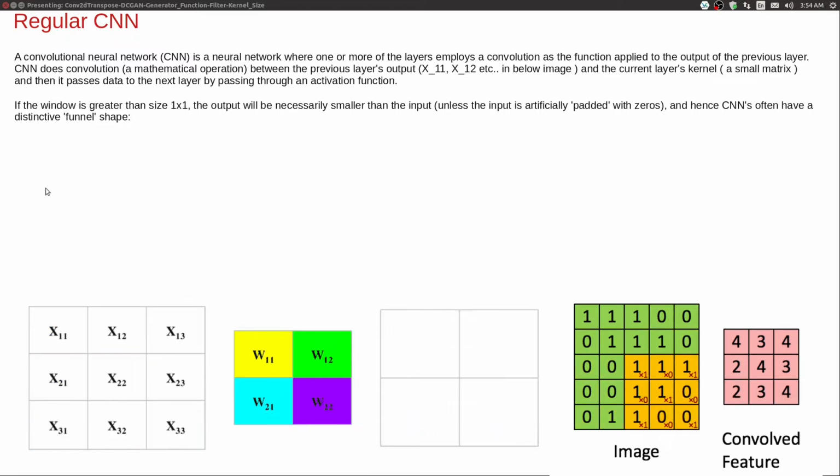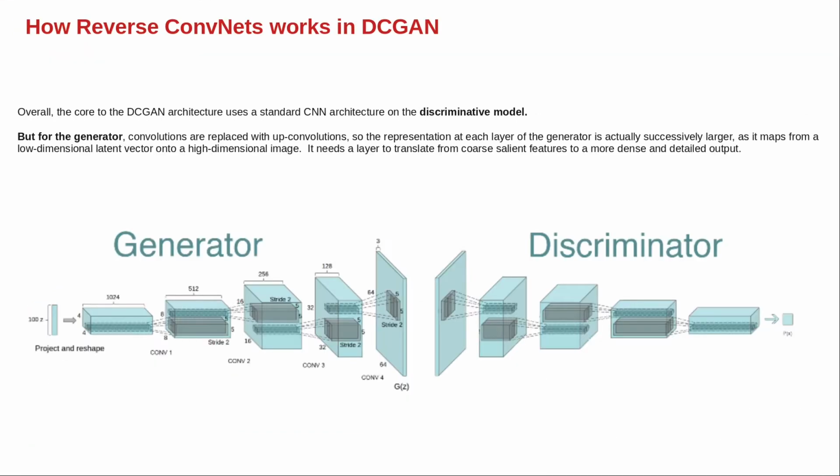So that was a regular CNN, but in DCGAN I have to understand something called transposed convolution, which is something like the opposite of this regular convolution. So let's take a look at that. This image is taken from the famous paper on DCGAN. In the generator part of the DCGAN architecture, I need to implement these transposed convolutions, where we reverse the process.